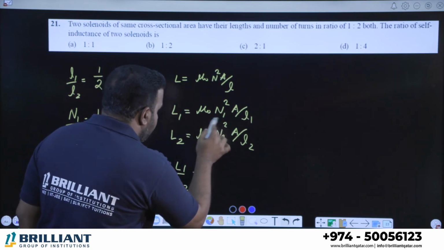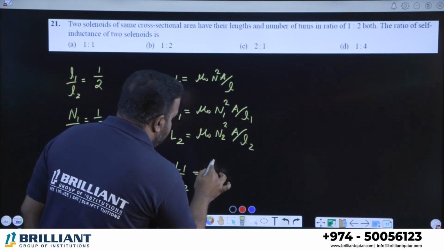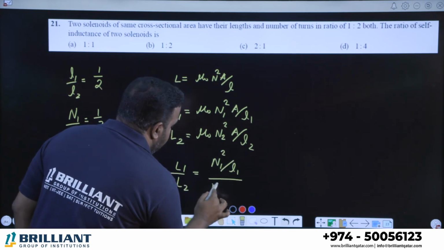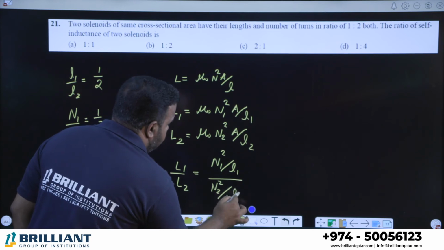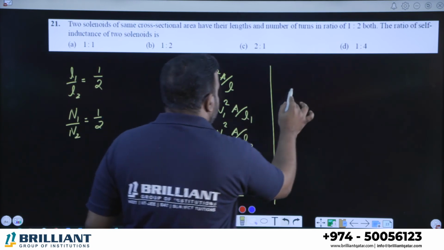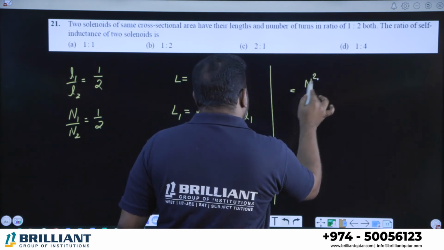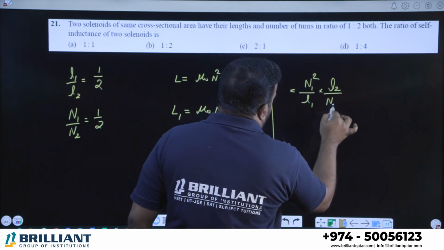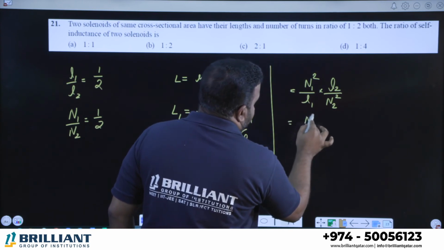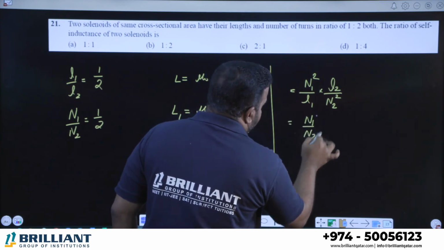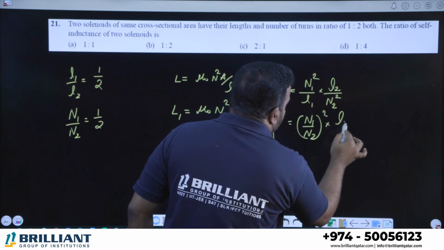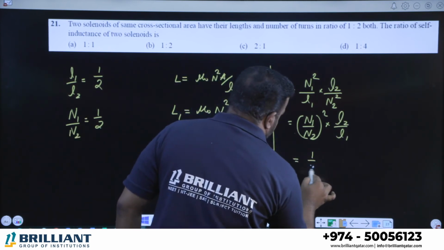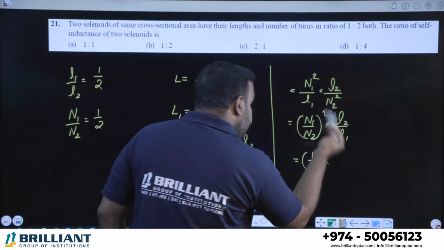Mu naught cancels, A gets cancelled. So we get N1 square by l1 divided by N2 square by l2, which is equal to N1 square by l1 into l2 by N2 square. That is N1 by N2 the whole square into l2 by l1. What is N1 by N2? N1 by N2 is 1/2. So it is 1/2 the whole square into l2 by l1.